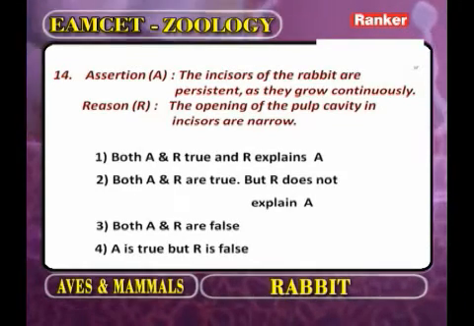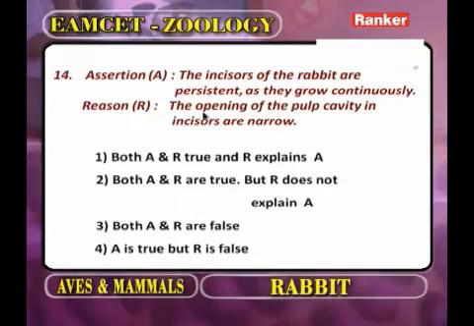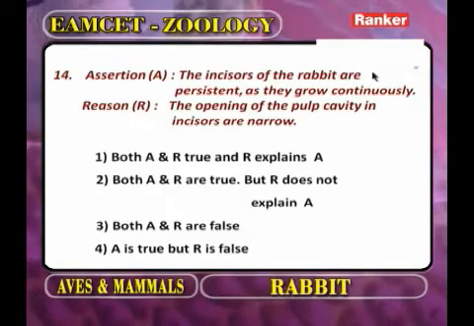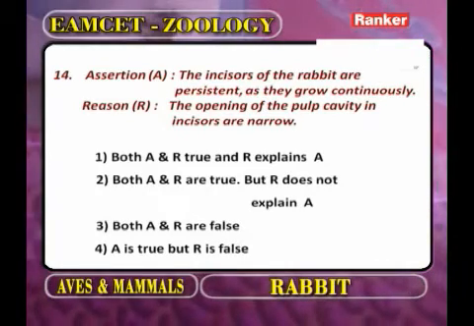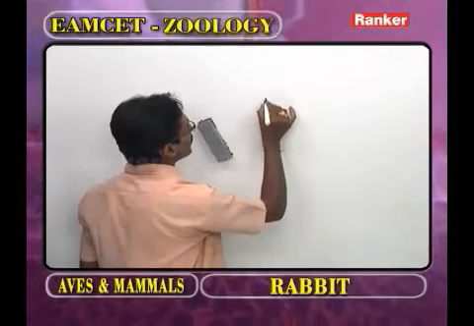The incisors of rabbit are persistent as they grow continuously. Now, as we observe the teeth of rabbit, in the body of mammals, 4 kinds of teeth are present. One we call incisors.